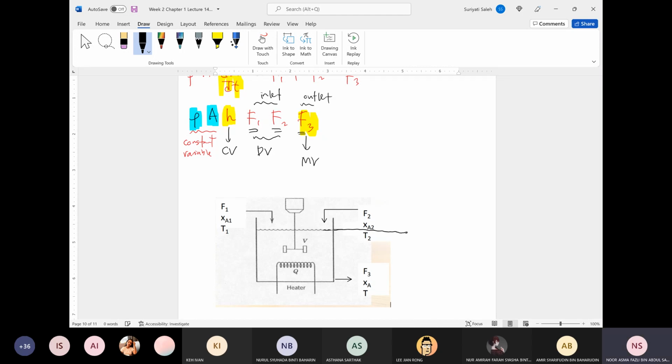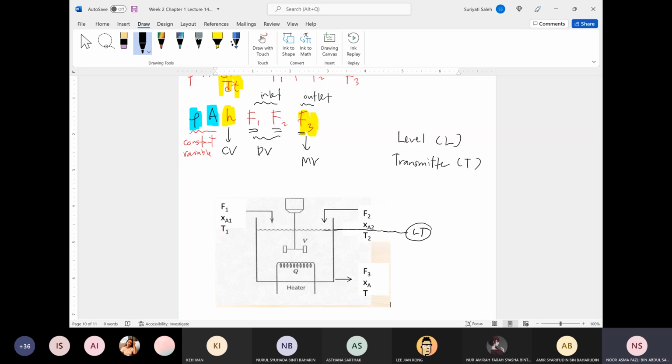You have the straight line, and then you have the LT, where L is for level and T, in this case, is transmitter. LT, level transmitter. The function of the level transmitter is to measure the current value of your level.